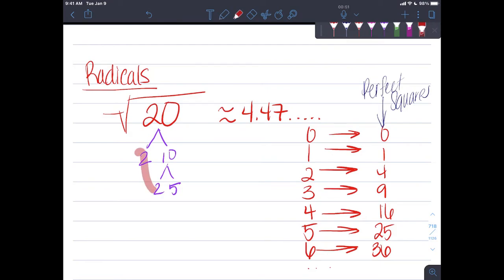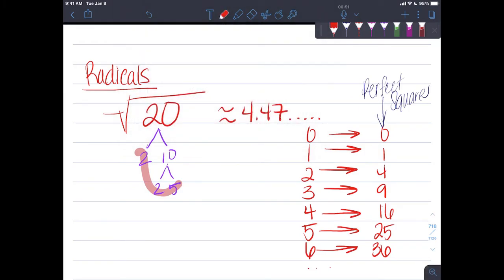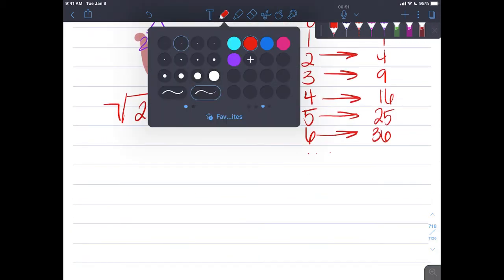So now I have 3 factors, meaning I can rewrite my radical. Square root of 20 is the same thing as the square root of 2 times 2 times 5. I'm going to do this a separate way in a second, but for right now, I just want you to listen to this explanation.